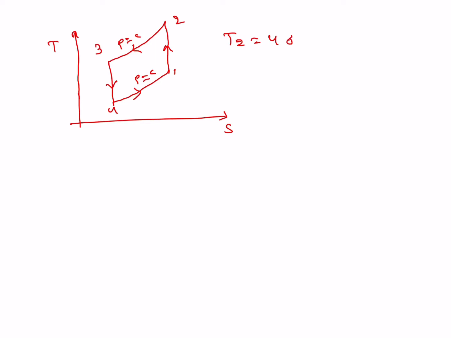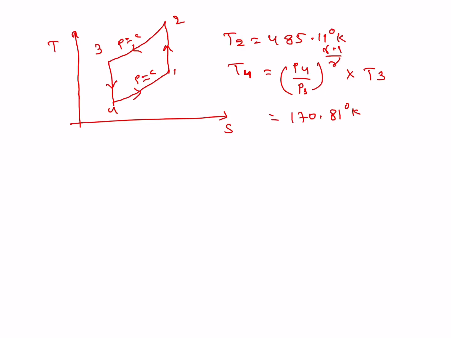It will come around 485.11 Kelvin. And like that T4 also you can calculate: whole to the power (gamma minus 1) by gamma into T3. It will come around 170.81 Kelvin.